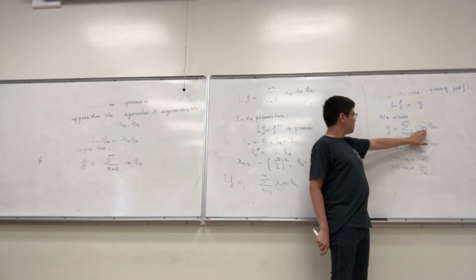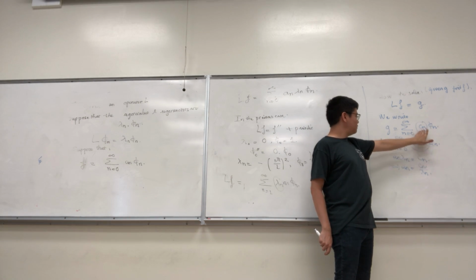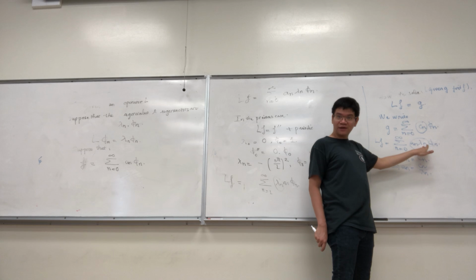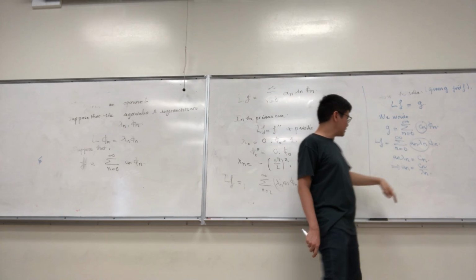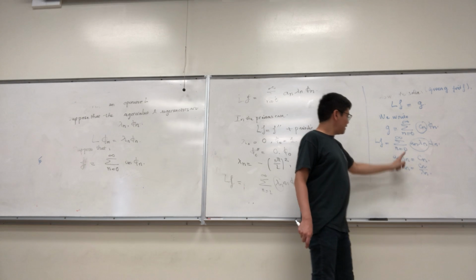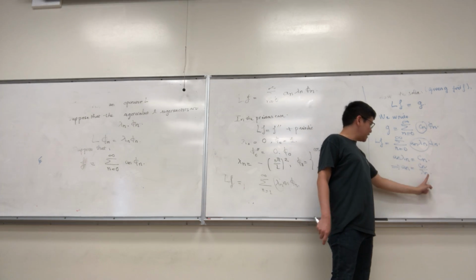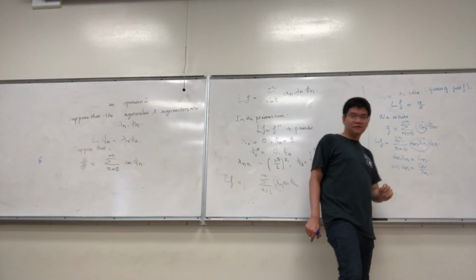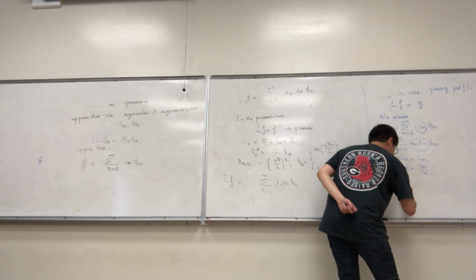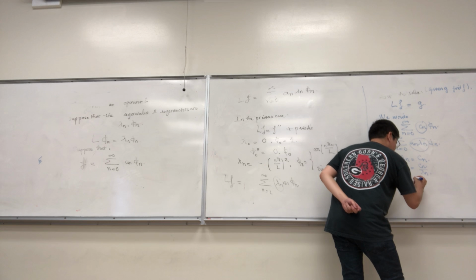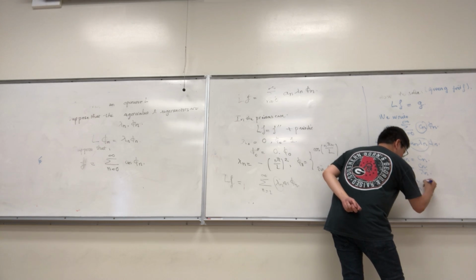Now I identify the coefficient. Cn will be an lambda n. This is what we did in the previous exercise. So now I have an lambda n is Cn, meaning that an is Cn over lambda n, which means that f will be the sum when n is going from 0 to infinity of Cn over lambda n Pn.